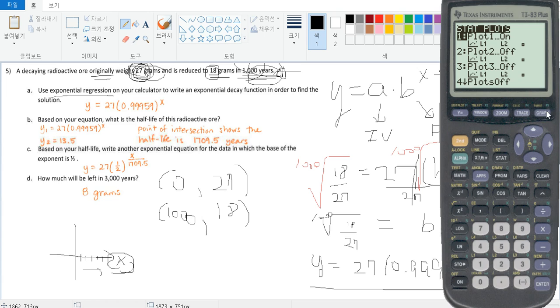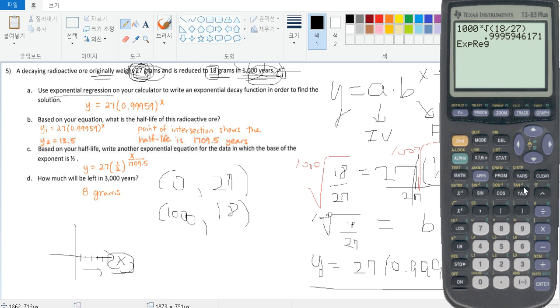Now we can graph it, but what we want to do is go to stat, then calc. Sorry, not the other calc. Go to stat, and go to this calc. Go down to 0 where it says exponential regression.